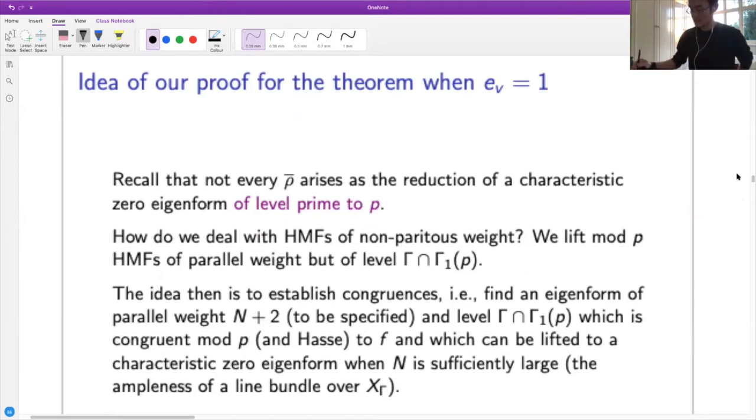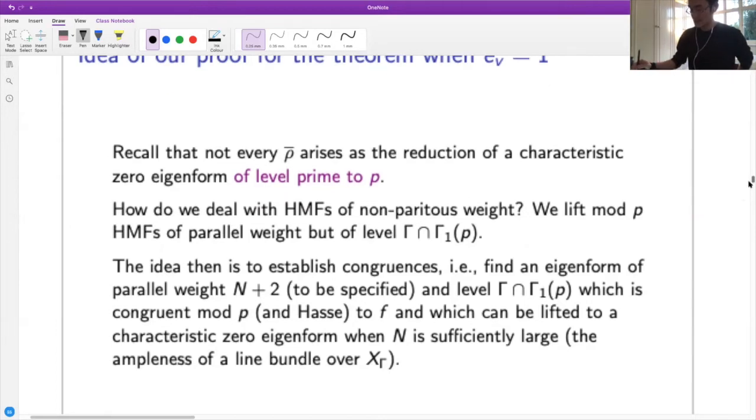So that's the idea, and more precisely, this parallel weight would come with two pieces of information. I want the weight to be n+2, where n comes from a parameter you need to make appeal to the results that there is an ample line bundle defined over the level prime to P compactified Hilbert modular variety.